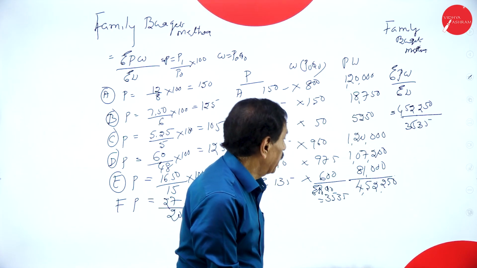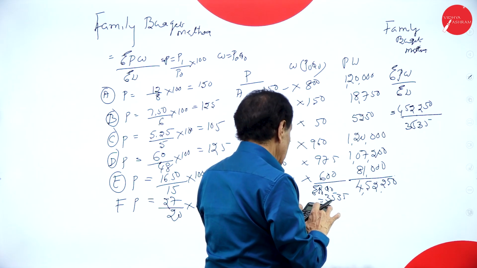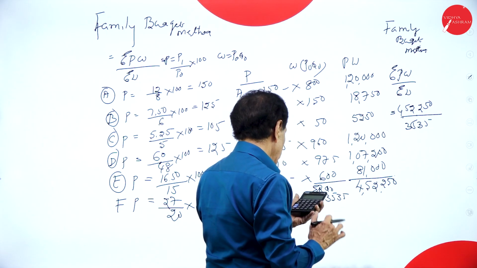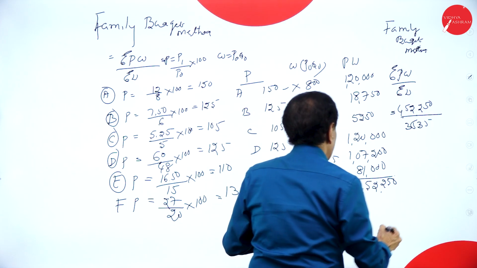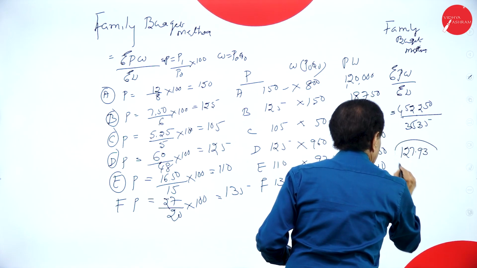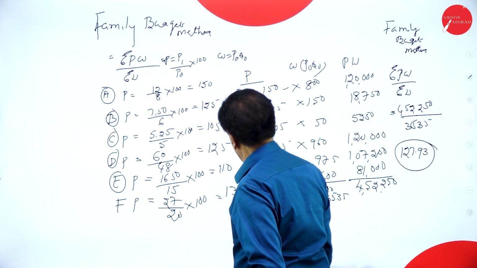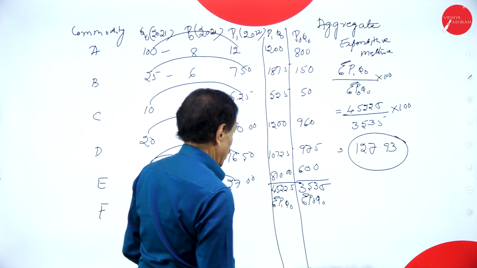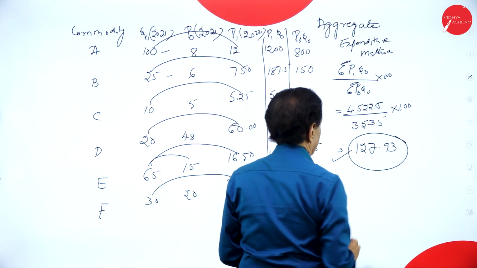Divide 4,52,250 by 3535. The answer is 127.93. Same answer. Here also 127.93.